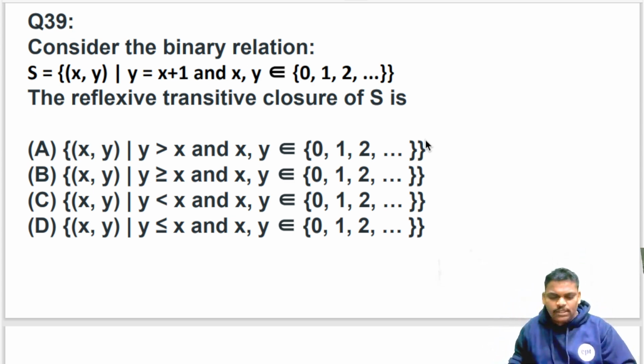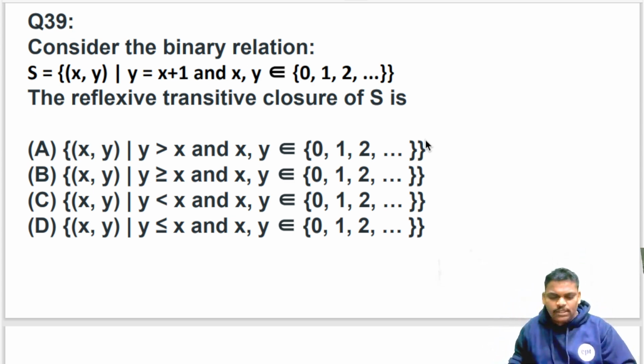Reflexive closure of any relation is, first of all, that relation itself, you write it as it is. After writing, what are the minimal things I have to add so that it will become a reflexive relation? Whatever relation you have, the reflexive closure of that relation is first of all itself. Next, what are the minimum things I have to add so that it will become reflexive?